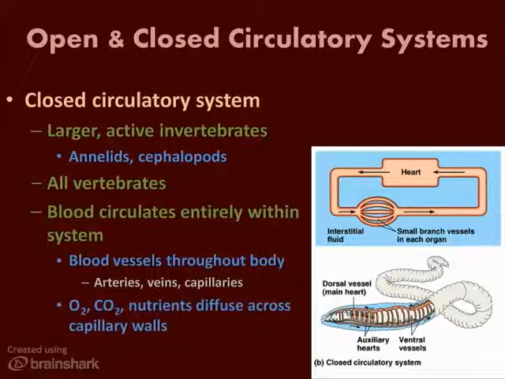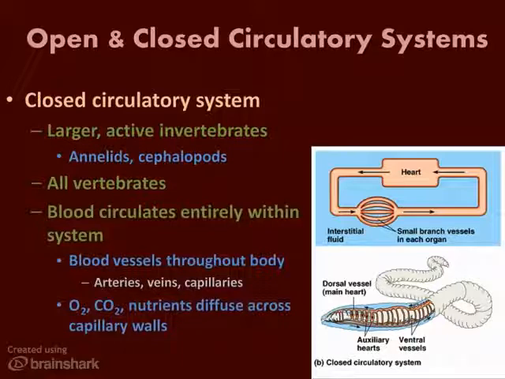In a closed system, blood circulates entirely within the system. Arteries, veins, and capillaries are found throughout the body. Blood carries oxygen, carbon dioxide, and nutrients that diffuse across the capillary walls only at the cellular level. Arteries and veins transport blood to and from the capillaries.